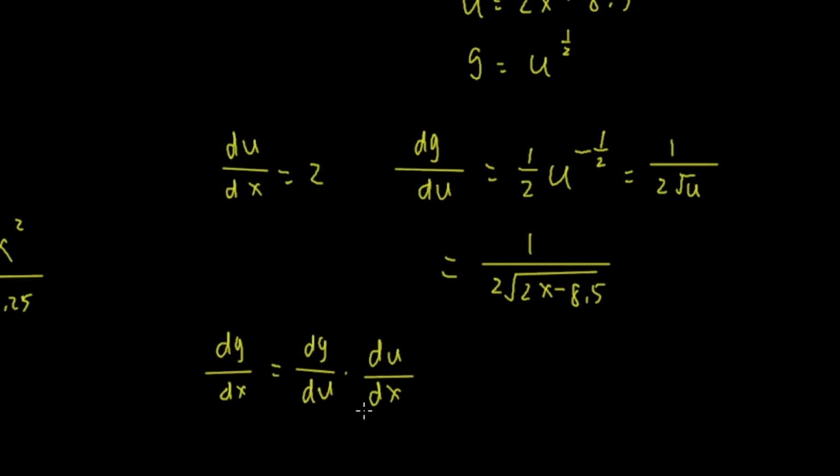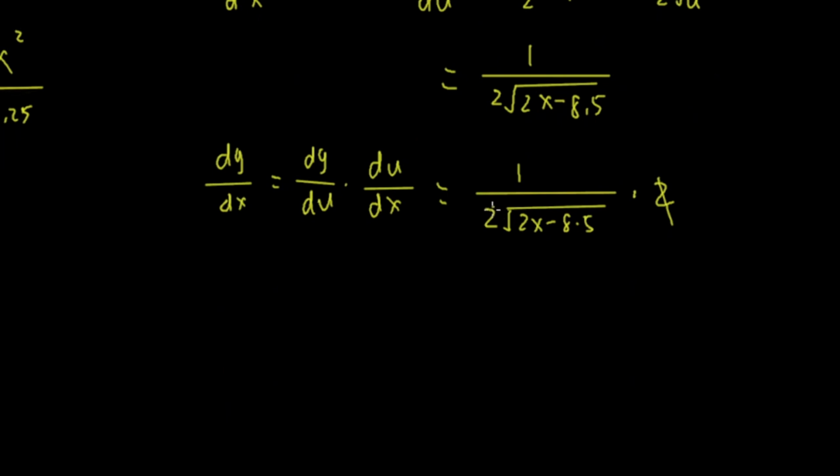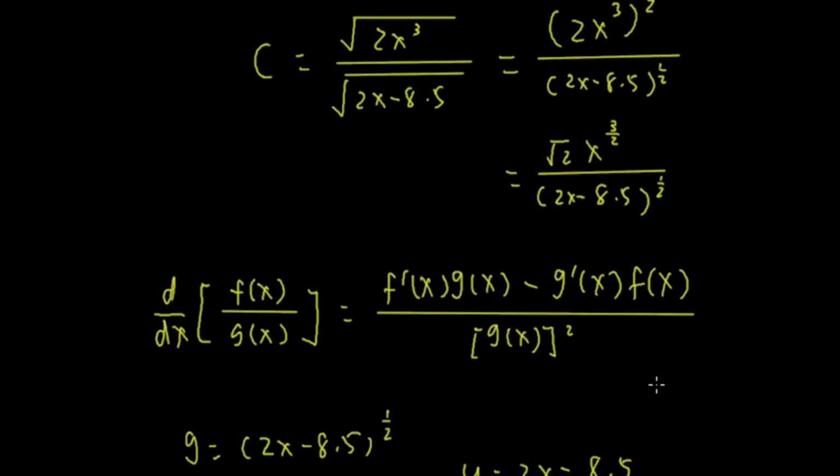When du and du cancel out, you have dg over dx left. dg over du is this, 1 over 2 times square root of 2x minus 8.5, times du over dx, which is 2. And of course, the 2 and the 2 cancel out. All I have left is 1 over square root of 2x minus 8.5. So that's the derivative of the bottom function here.